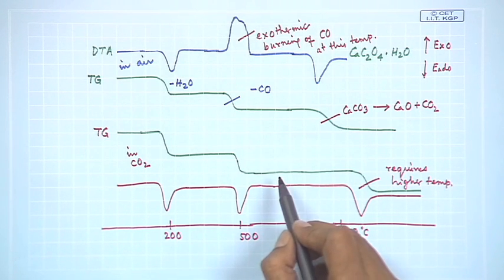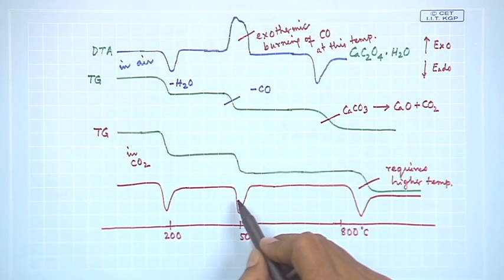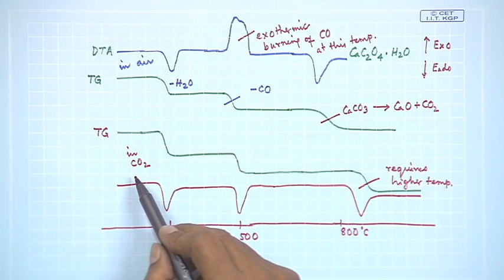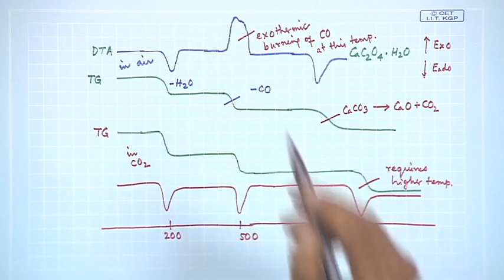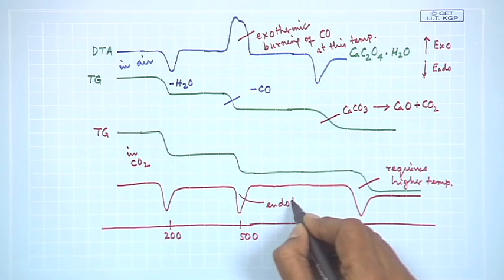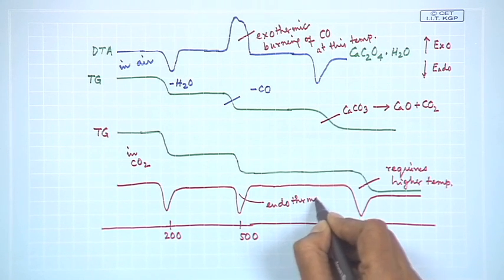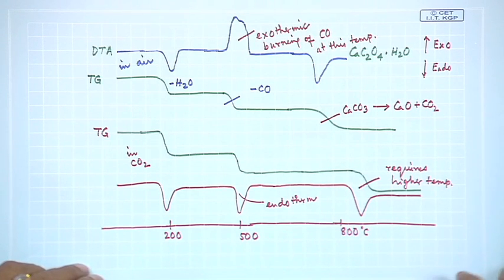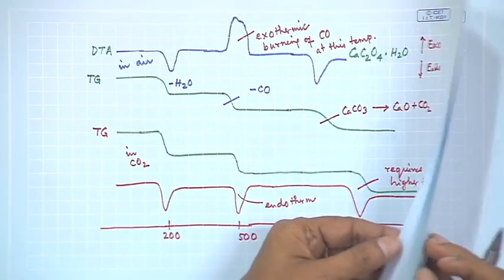So, the corresponding plot for it would be endothermic, because the CO burning in CO2 environment is not an exothermic process. Now, you find an endotherm. So, these are very important comparison studies that we can make for DTA analysis.